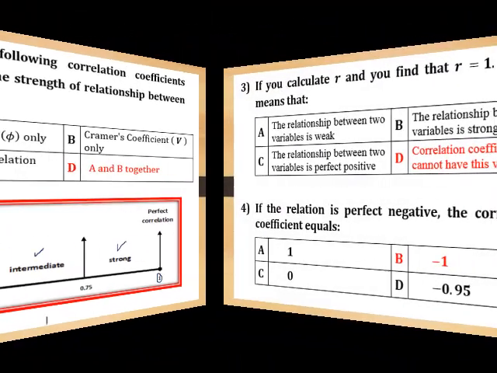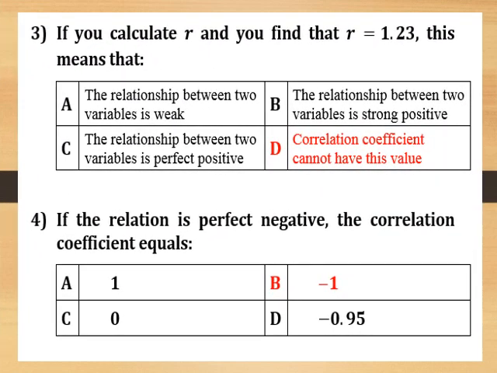Number 3, if you calculate R and you find R equal to 1.23. This means that, as we said, in ordinal and quantitative variables the correlation coefficient is between -1 and 1.